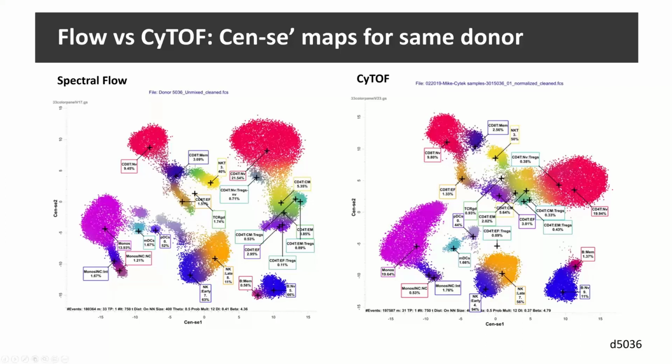The CyTOF obviously isn't, but we can really see the very great similarities. This is using a similar model, same donor, but we're seeing definite similarities between the populations. So that always makes me feel better when we get the same results with different programs and in different instruments. And this is, again, the same donor, so the numbers are very similar as well.